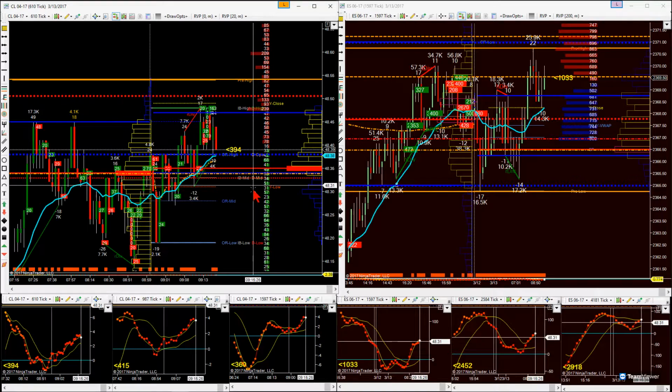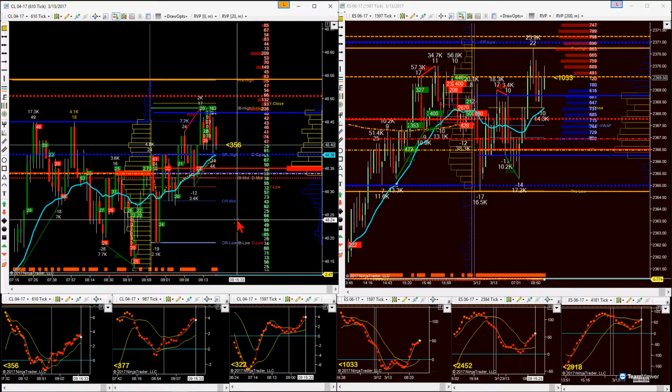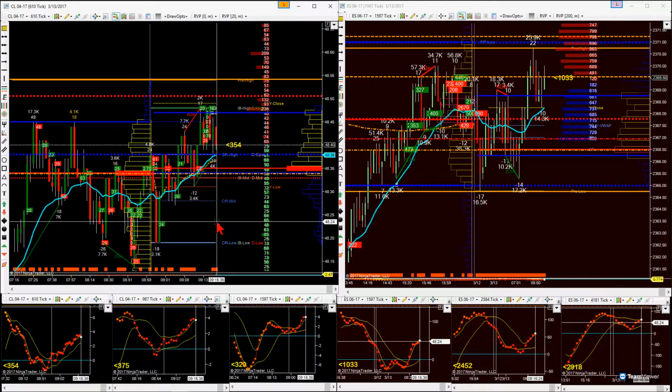I'm also going to start watching for a repeat of what we saw on the order flow, meaning a large bid coming up with about 109, 110 contracts. I think if I see that, I'm going to jump on board. We've seen it twice, and both times that was a legitimate buyer, and they ultimately pushed price up.